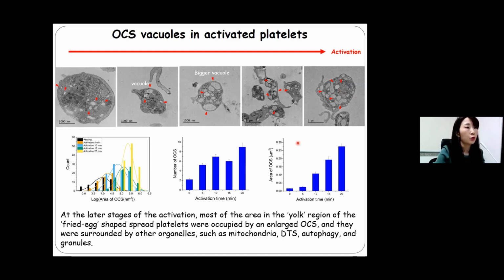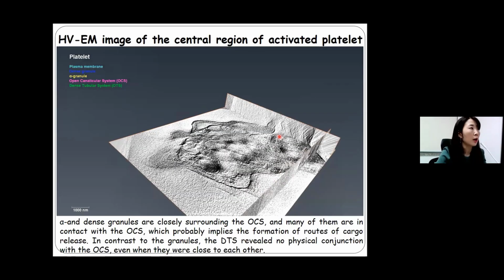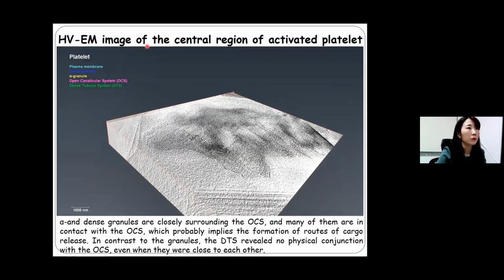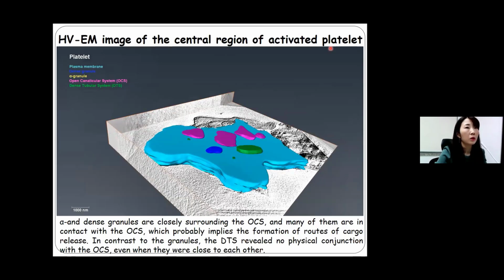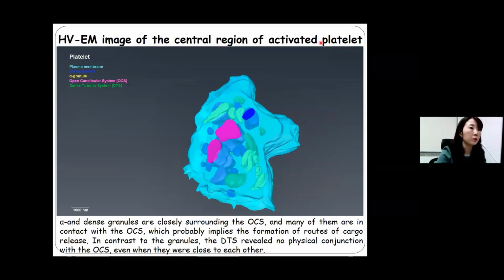So next, to observe all of them together, we took a high voltage EM tomography of the central region of the activated platelet. In other words, the yolk region of the spread platelet.